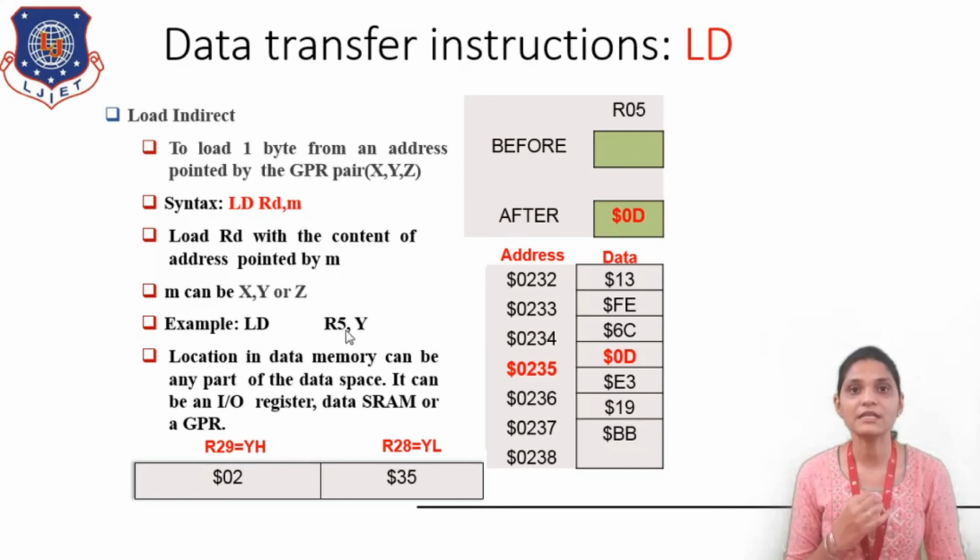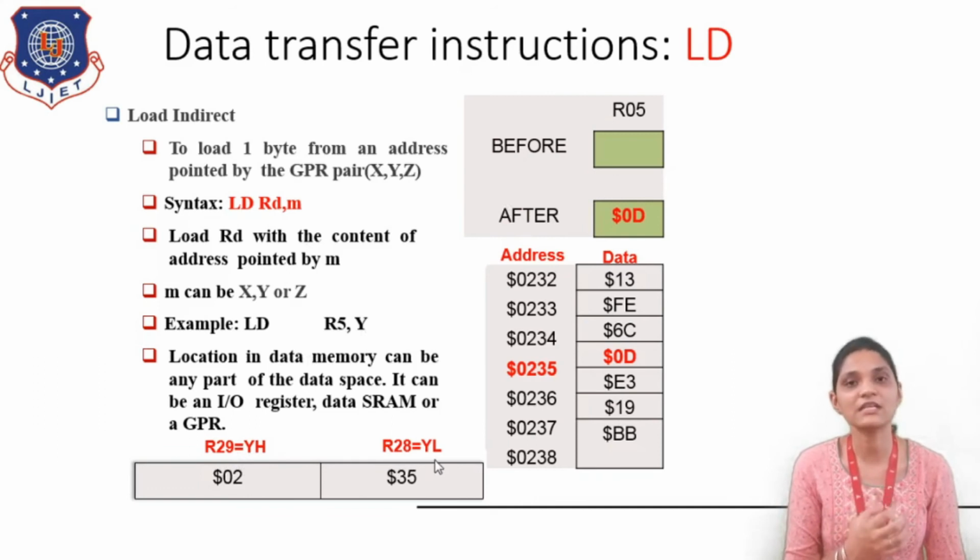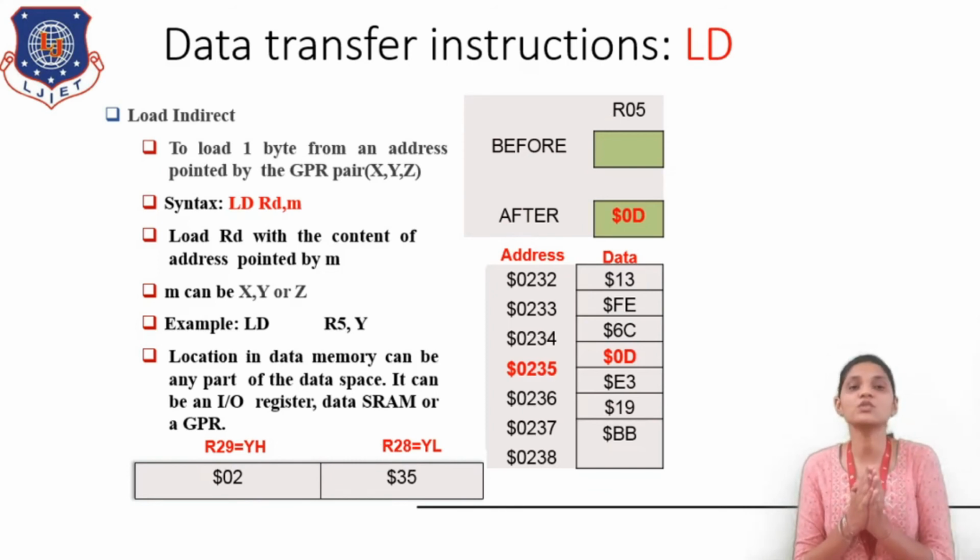For example, LD R5, Y, and this Y register is used for pointing the memory location, and the R5 is the destination. R29 is the higher byte and R28 is the lower byte. And if the content of R29 is like 02 and R28 is like 35, then the actual address or actual location given by this Y register is 0235.